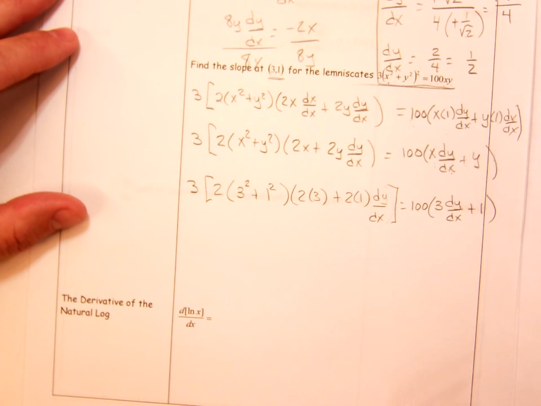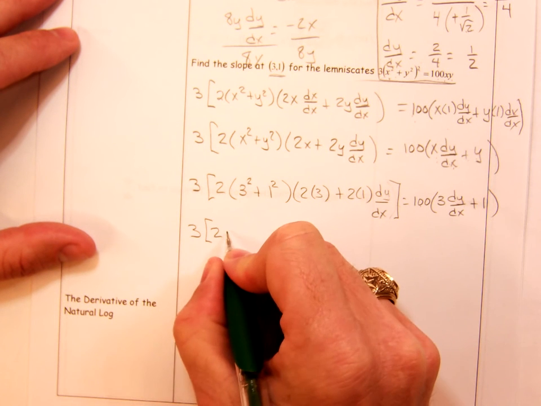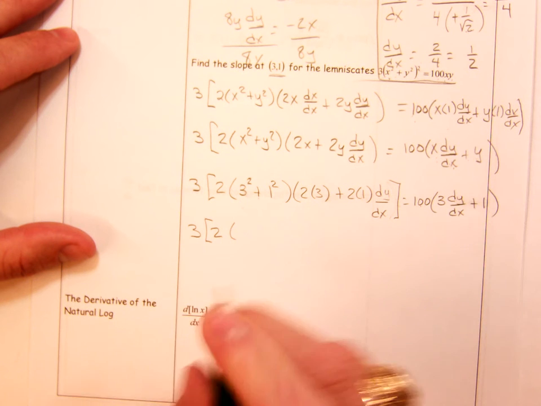All right, so let's clean this up. So this is 3 times 2 times 9 plus 1, which is what? 10.